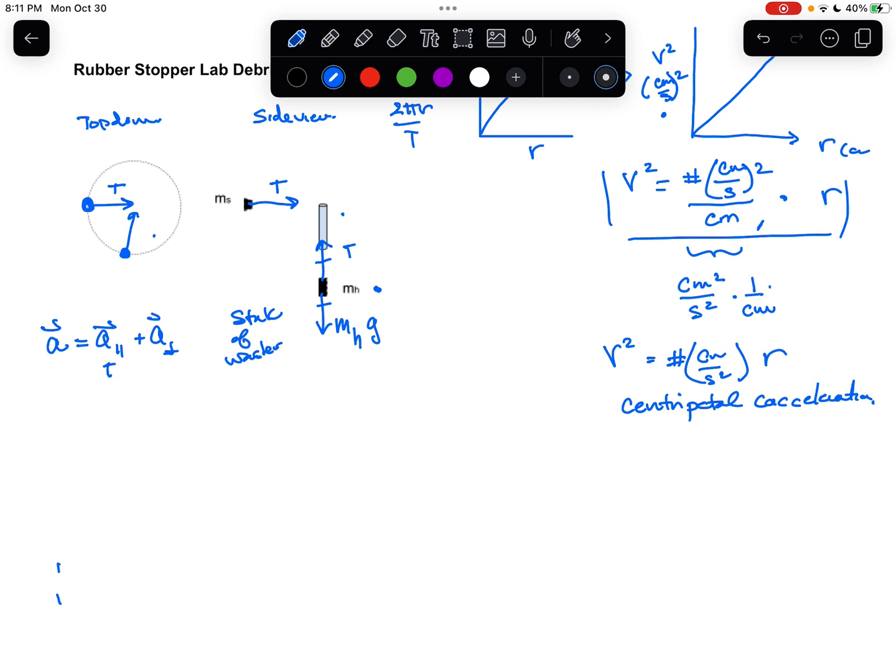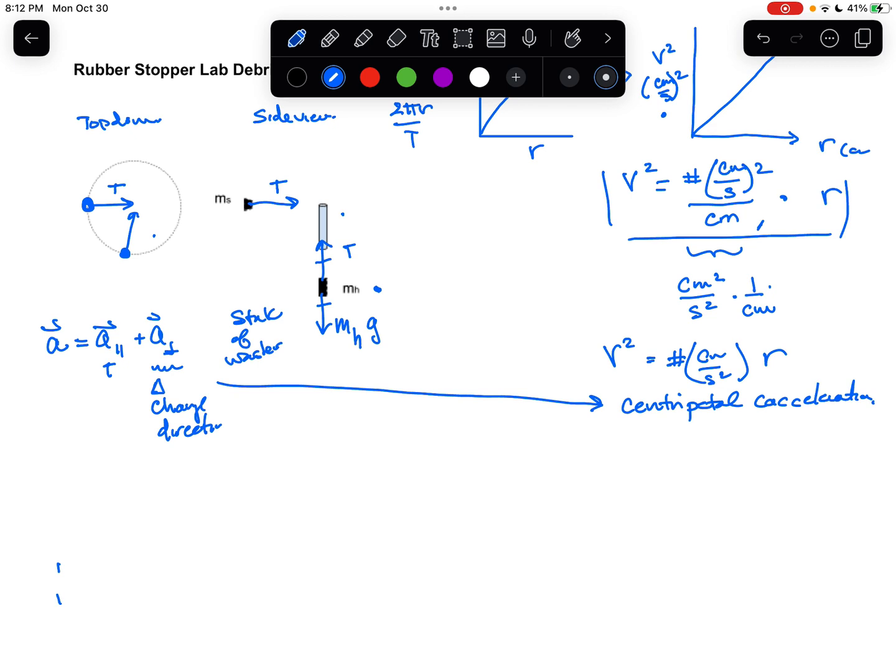The parallel one was the change in speed. It was the perpendicular component that was the change in direction. This perpendicular component is what we now call the centripetal acceleration, because this is the part where the force acting on it is only changing the direction.